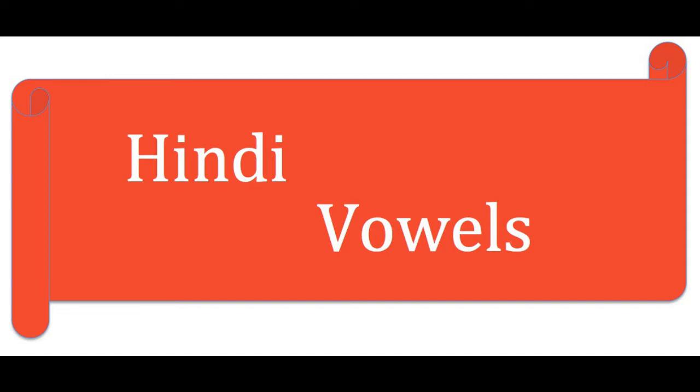In English, the vowels are A, E, I, O, U, while in Hindi, the vowels are A, E, U, E, O, Anga. So let's take a look at each of these vowels carefully.